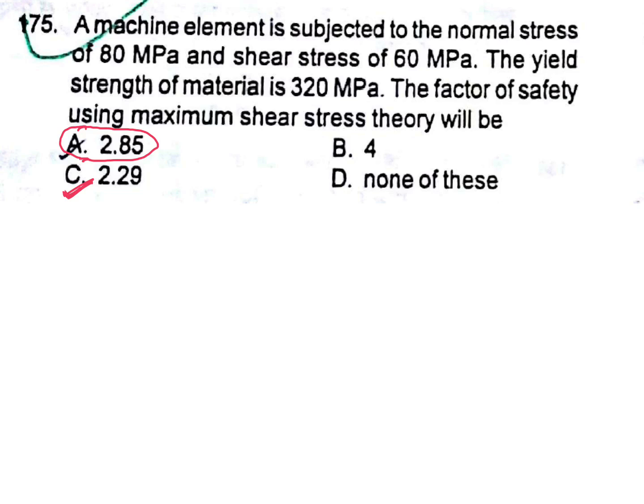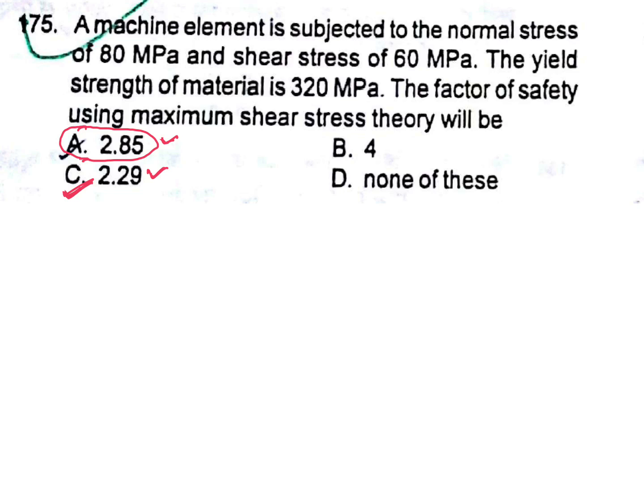Same formula I previously solved. You can use Mohr's circle, or otherwise directly use the formula. You solve and write in the comment box which answer you are getting, whether A or C. Official answer is A.